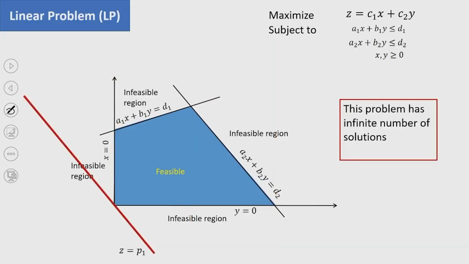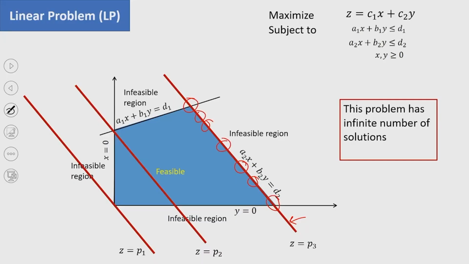Now, suppose your z function is like this, then what will happen? Finally, this is the maximum value of z I am getting. In this case, this is one solution, this is also one solution, and there are several solutions in between.